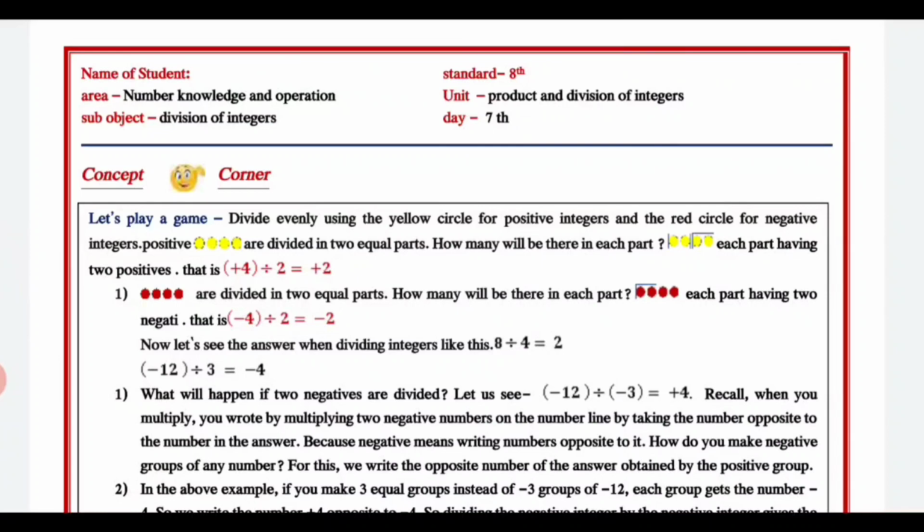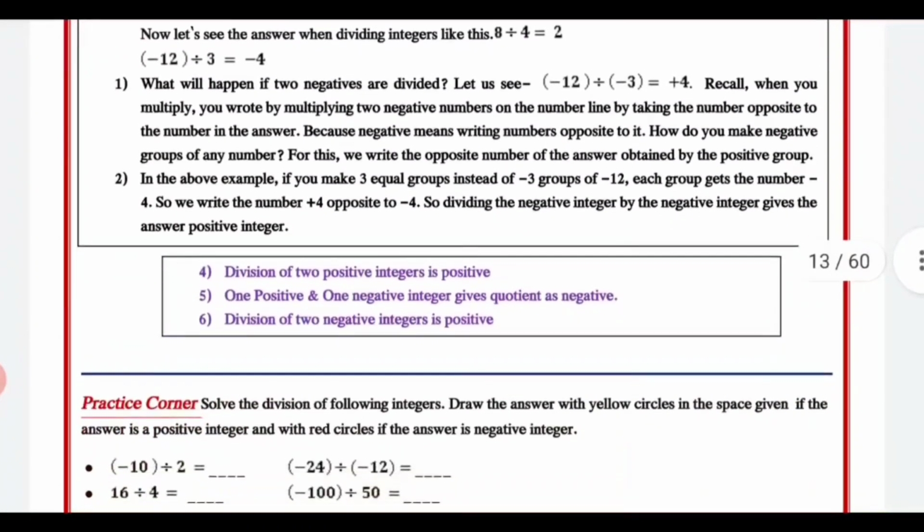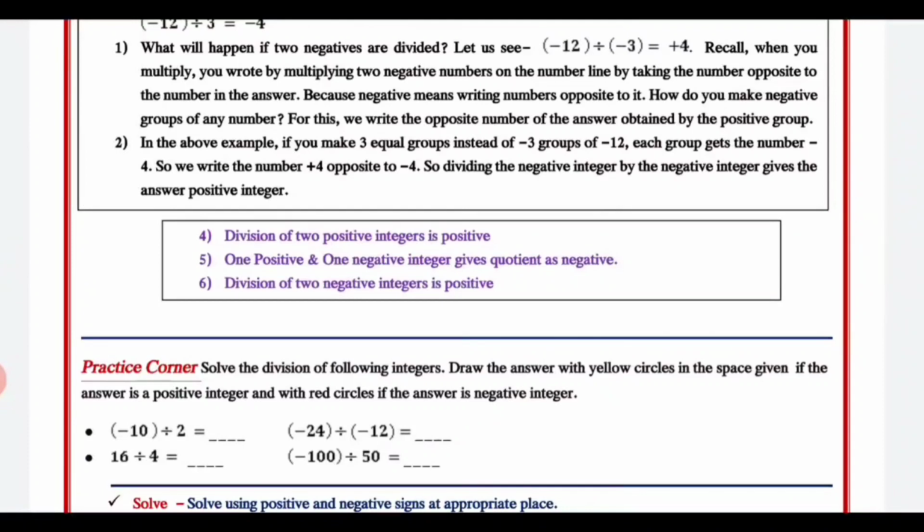In division also we will have to remember the same things which we recalled and revised about multiplication or product. Division of two positive integers is positive, one positive and one negative integer quotient is negative, and division of two negative integers is positive.